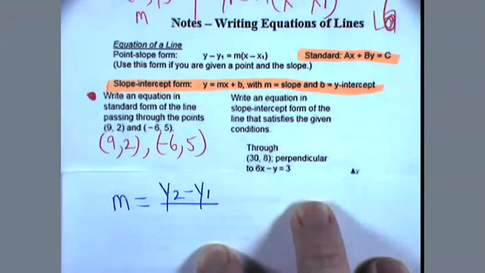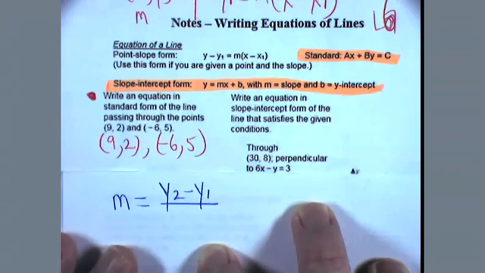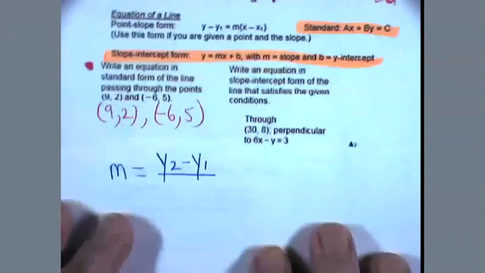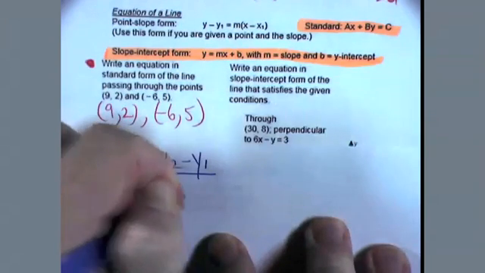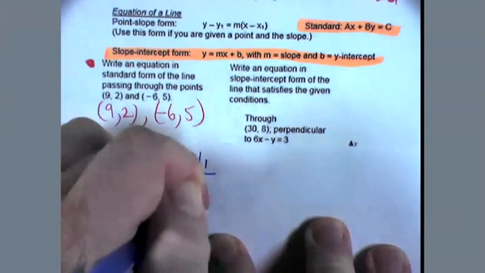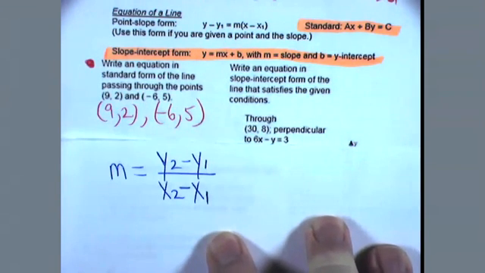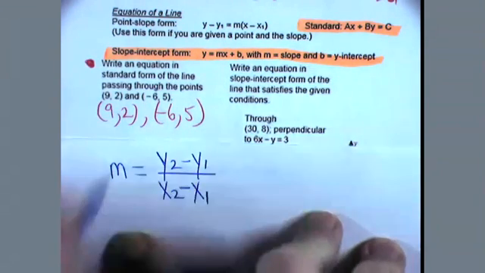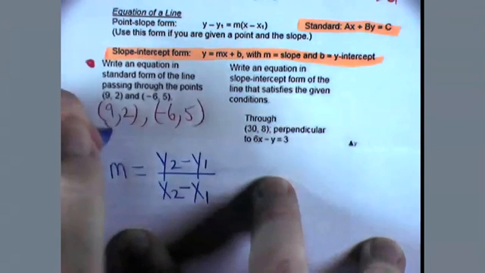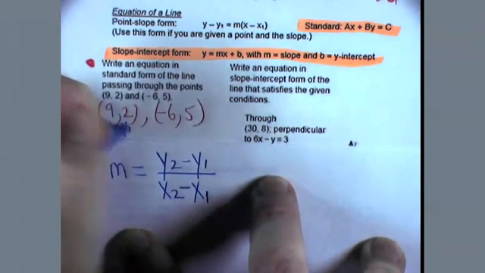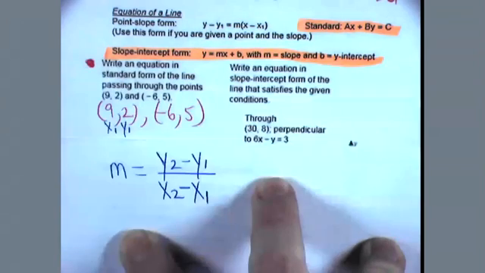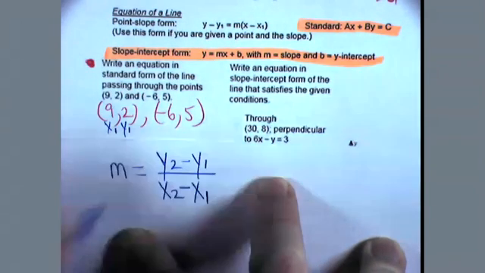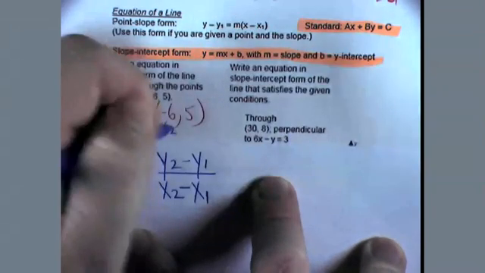m is equal to y sub 2 minus y sub 1 all over x sub 2 minus x sub 1, in which your first ordered pair is your x1, y1, and your second ordered pair is your x2 and y sub 2.